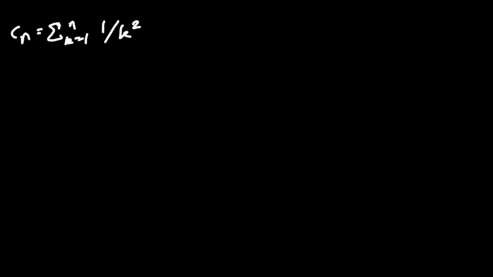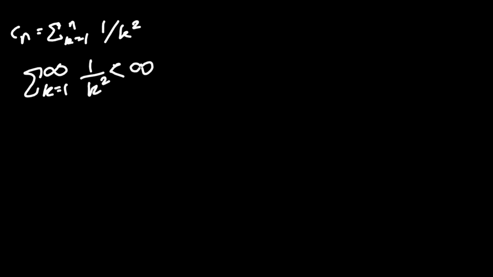And we know that if we were to take an infinite sum of 1 over k squared, this will be less than infinity, or it will converge to a number.